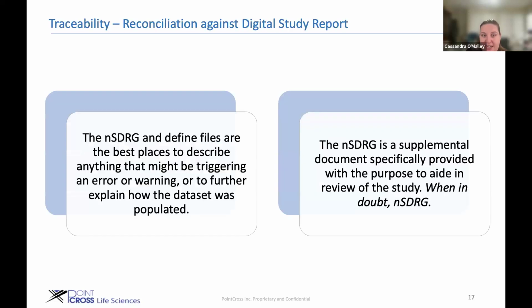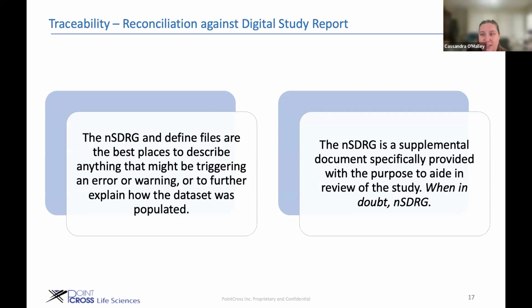The biggest thing that I can emphasize is that the NSDRG and the define files are the place that should be used to describe anything that might be triggering an error or warning in the validation system, or to further explain how the dataset was populated. SEND approximately covers 90% of the things that could happen in a toxicology study.